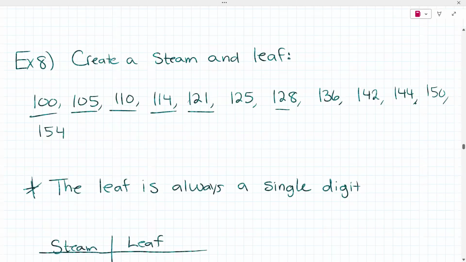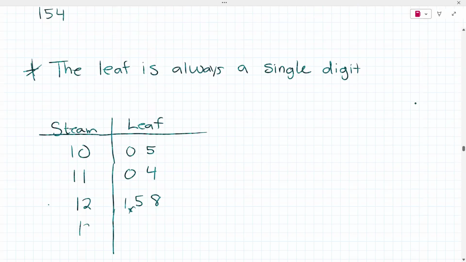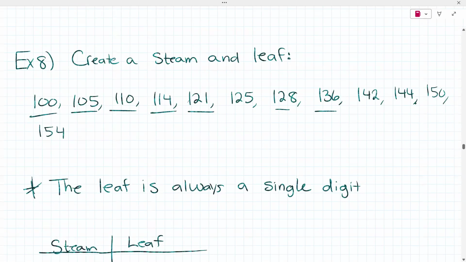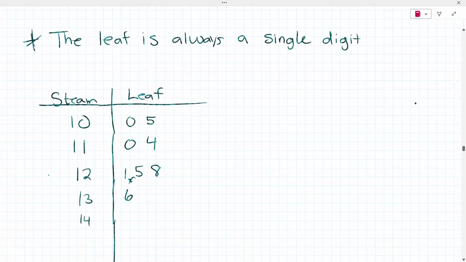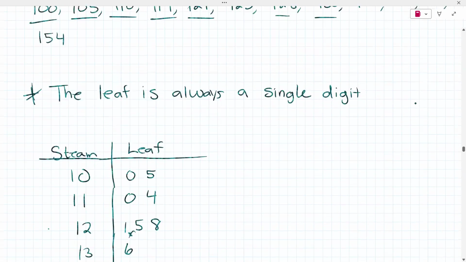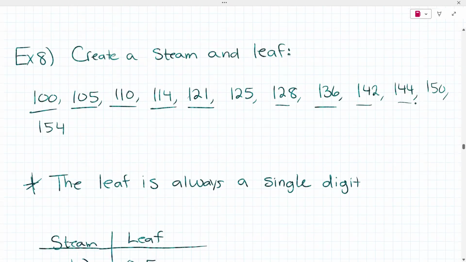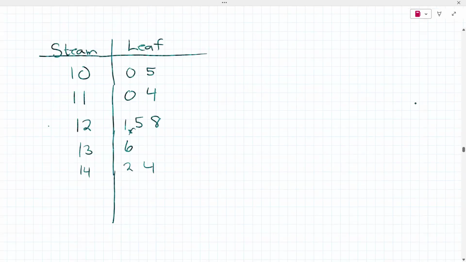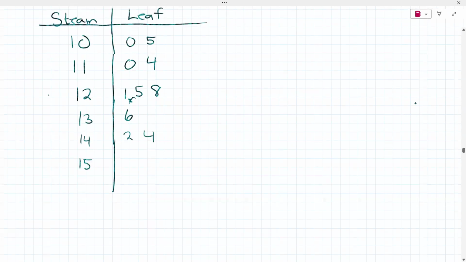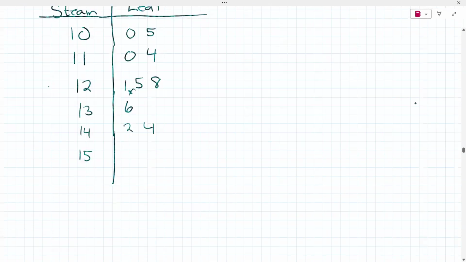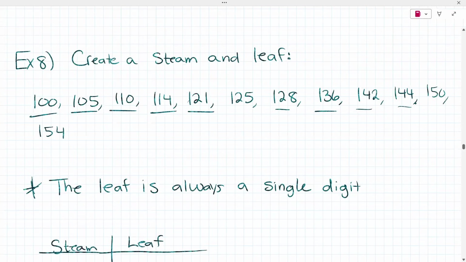Okay, 136. So this would be 13. And then you're going to put a leaf of 6. 142, it's going to be 14. And then put a 2 here. And then 144, so you're going to put a 4 there. Finally, 150, so you're going to put 15. And then put a 0 here. And 4 there.